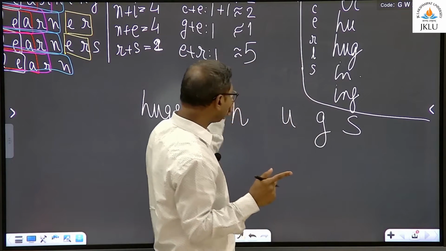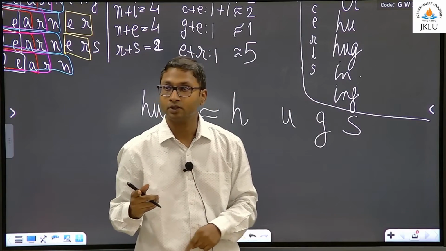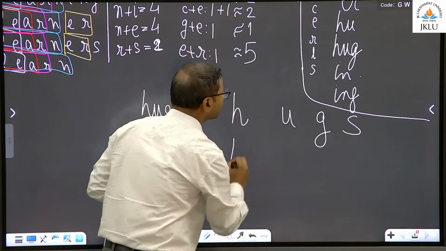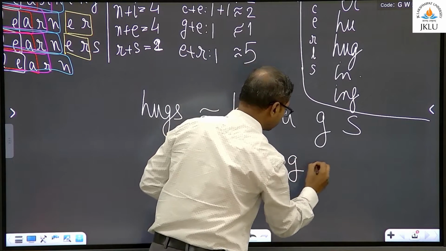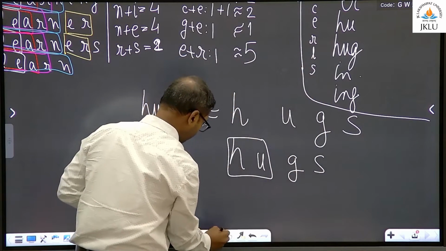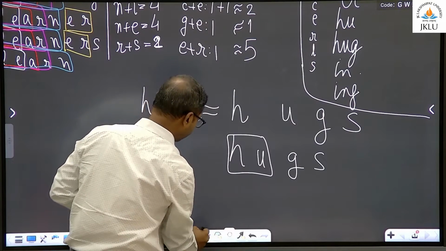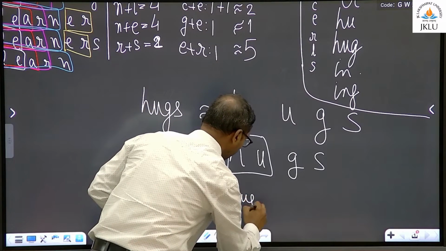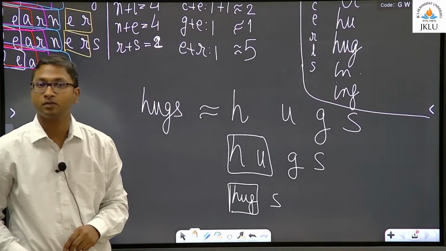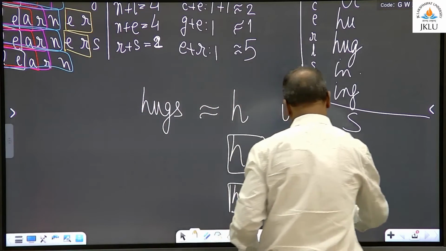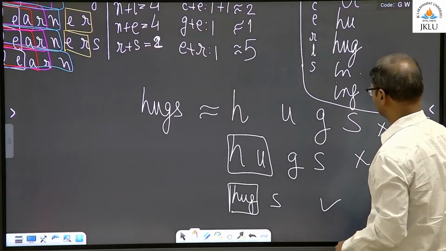No, but I also have H, U, G, S, so I can tokenize it this way. I also have H, U, so I can tokenize it this way. I also have hug, so I can tokenize it H, U, G, S. Why did you go for this one and not this one?